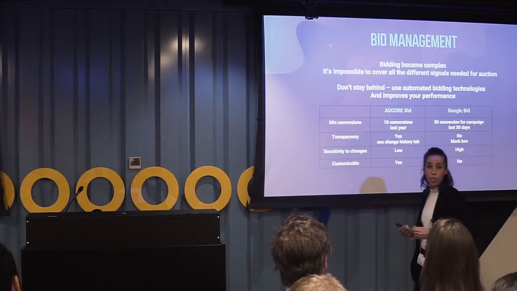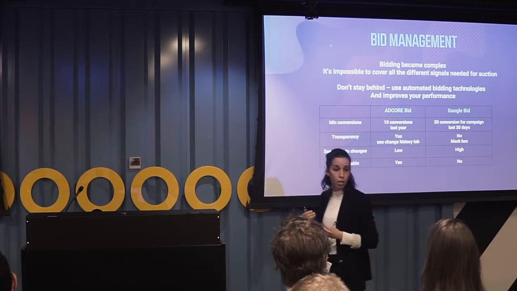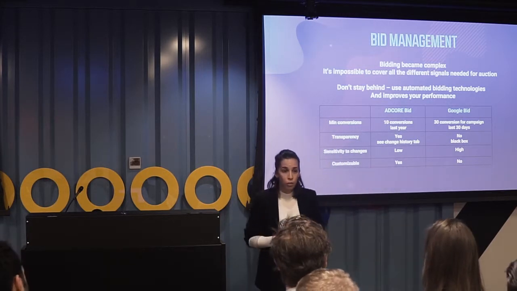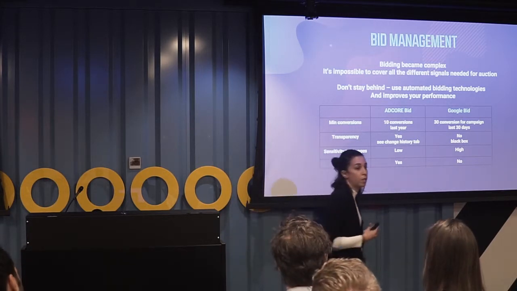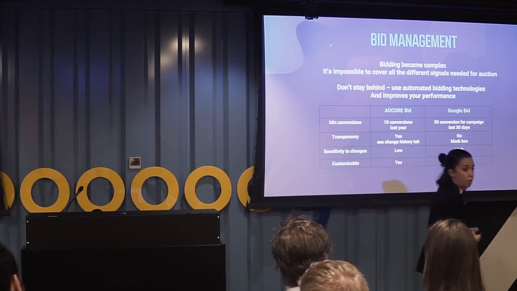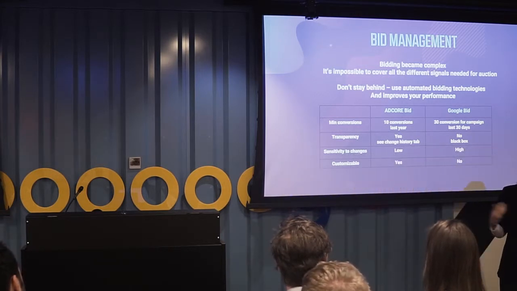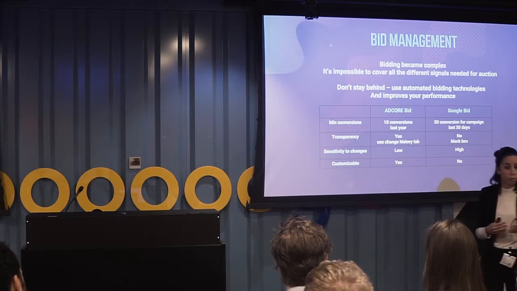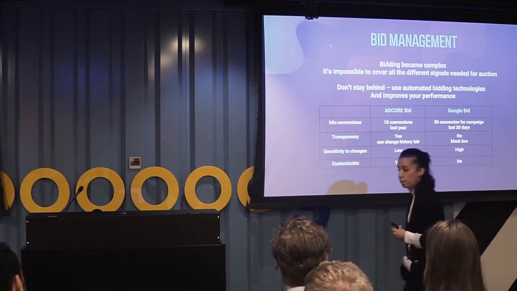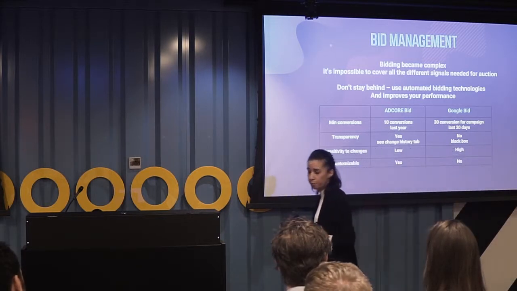We're talking about thousands and thousands of different signals you are just unable to track when you're doing it manually. So this is why we highly recommend starting to use automated bid solutions, either on Google or on ADCORE's, both available for you. Please implement it and start working with it.